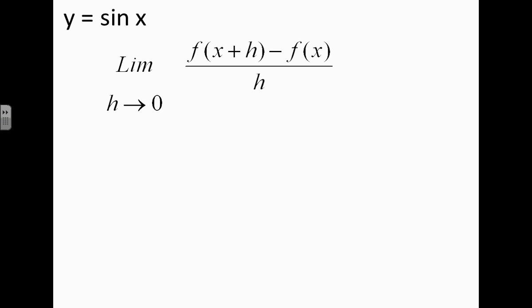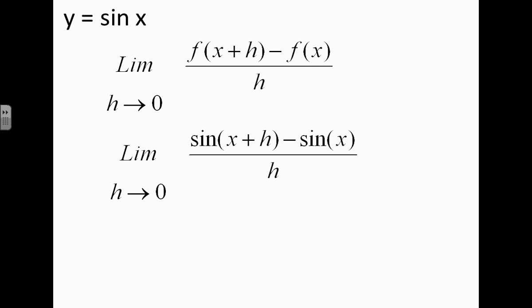Exactly. What function are we working with? Sine. Good. So you have sine of x plus h minus sine of x all over h. Hannah. What is the sine of x plus h?